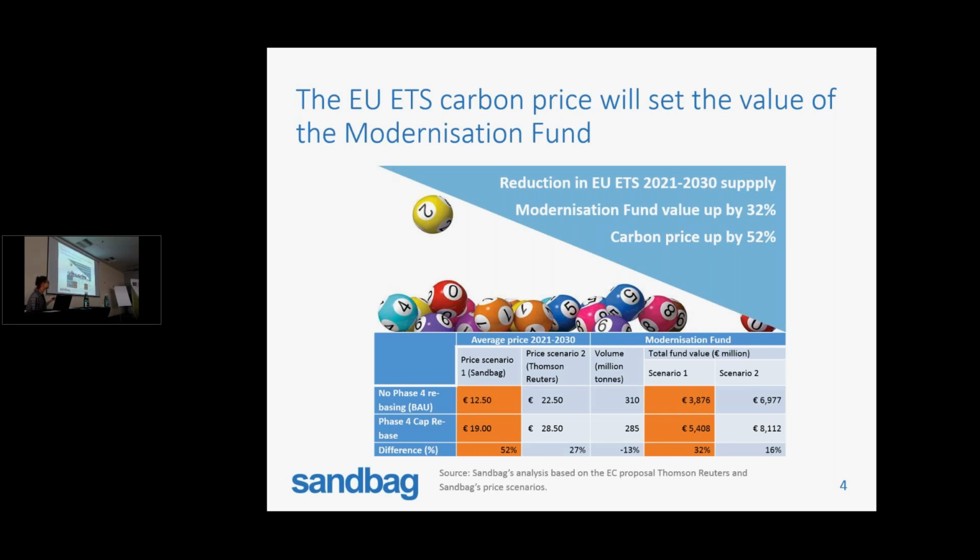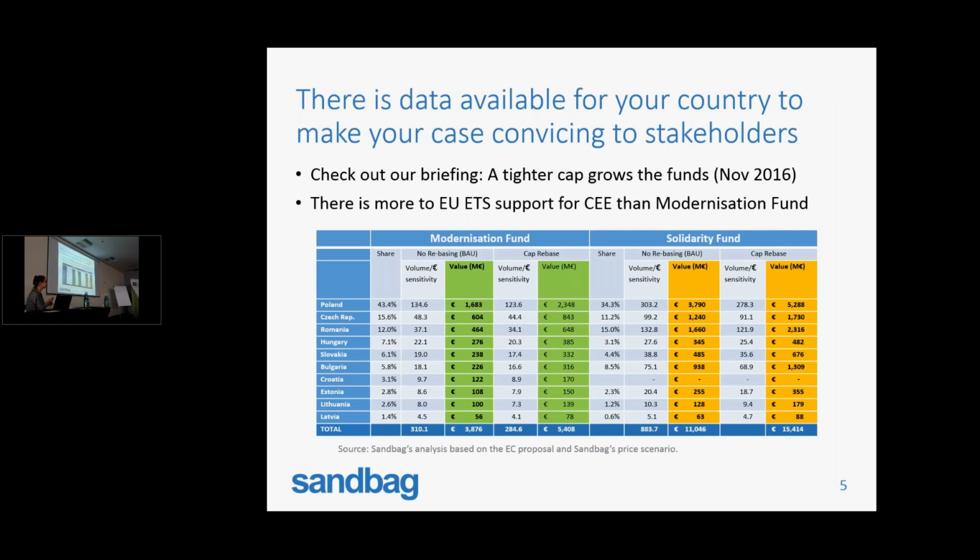In the scenario presented by Thomson Reuters, that would be 16%, but still quite significant. It's good to bear in mind because it shows that the EU ETS reform is in the interest, actually, of Central and Eastern European member states who plan for modernization of their energy sector. Just to say, the Modernization Fund is not the only fund that can be talked about in a similar way.